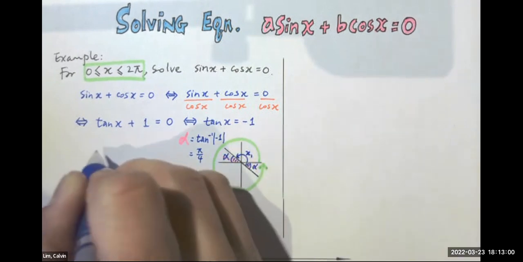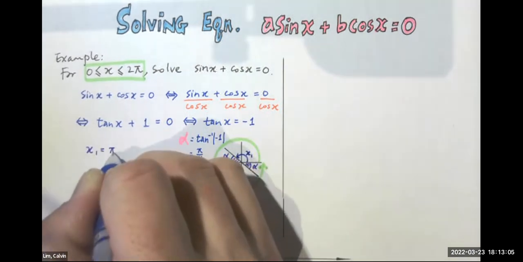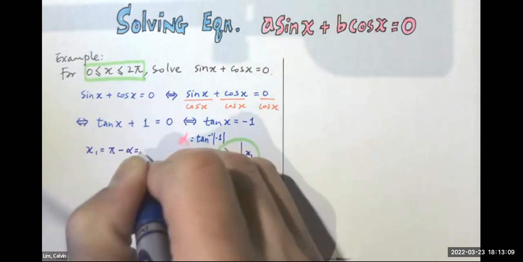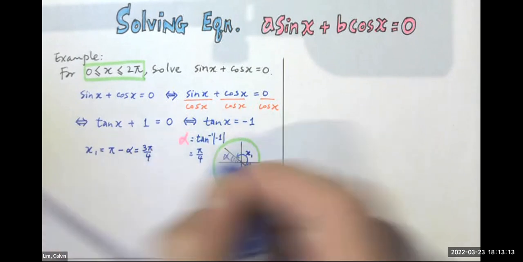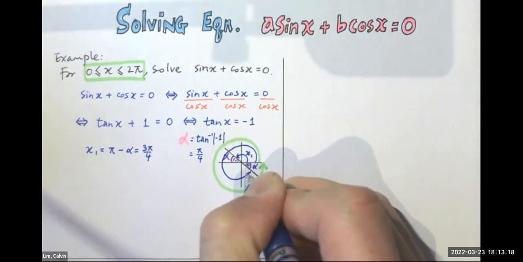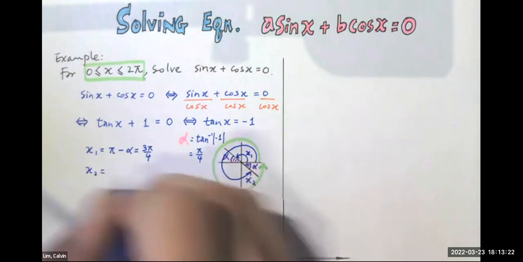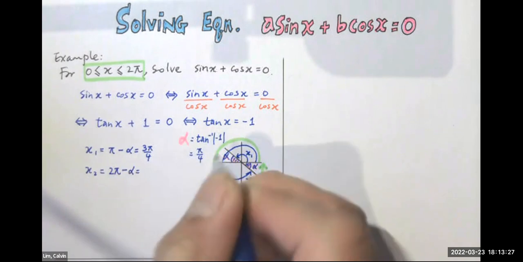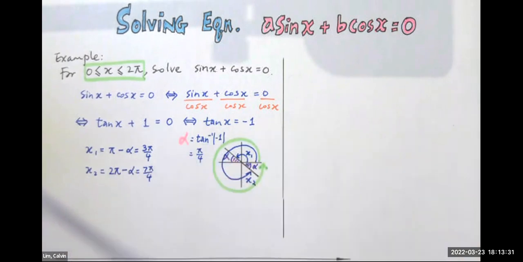So x1 equals pi minus alpha, which is pi minus pi over 4, which is 3 pi over 4. And the second solution, x2, is 2 pi take away alpha, or 2 pi take away pi over 4, which is 7 pi over 4.